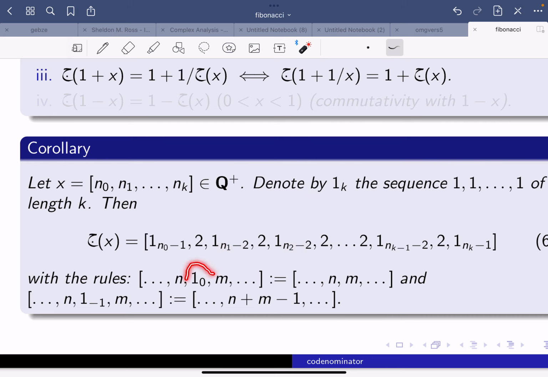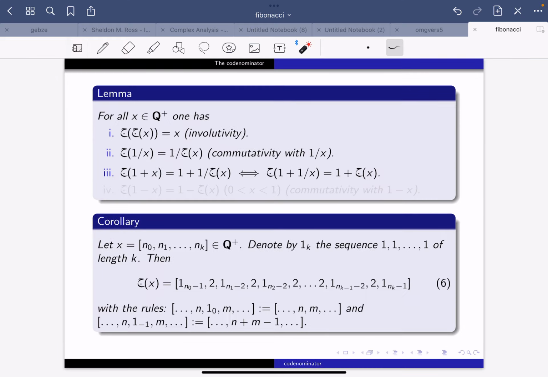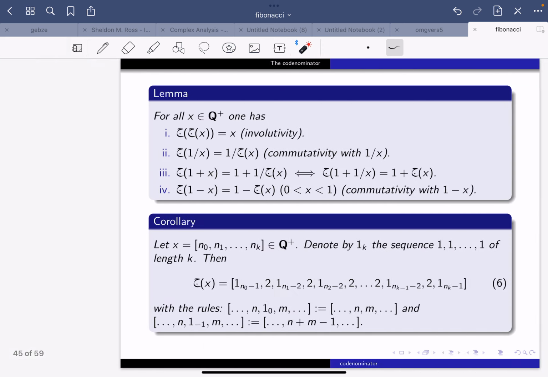First of all, if I have a 0 entry, then we just ignore it. And we have a minus 1 entry: we just replace this part of the sequence with n plus m minus 1. So this is how the value of Jimm is defined on a given positive rational, and it's a simple consequence of the functional equations.